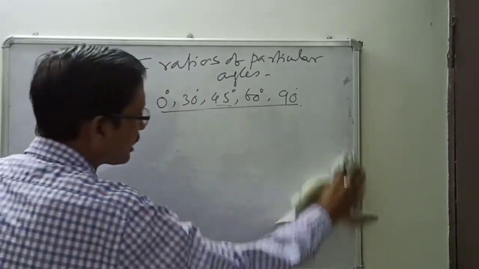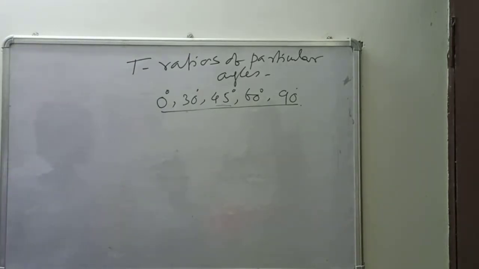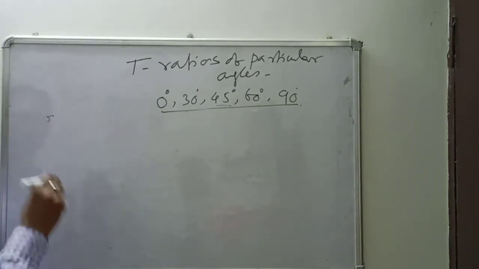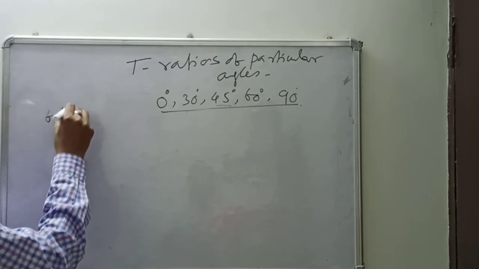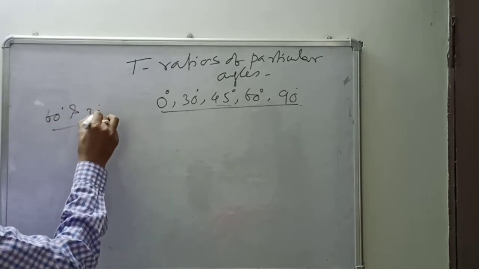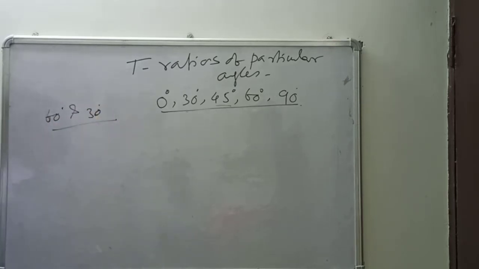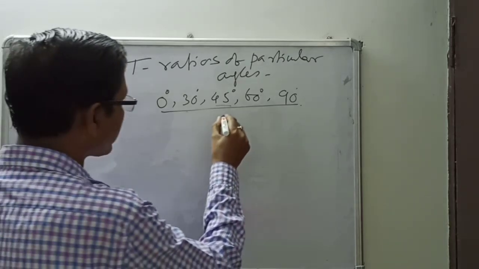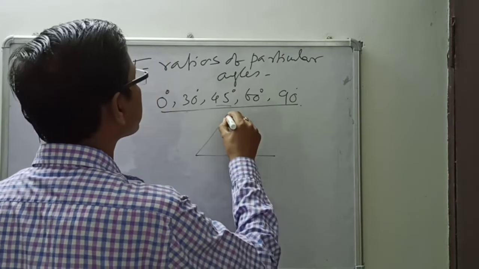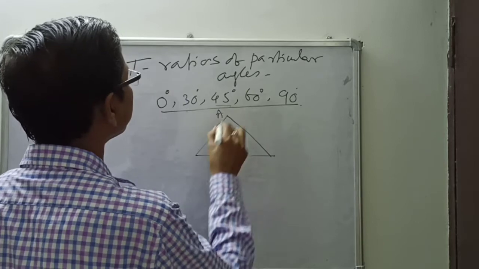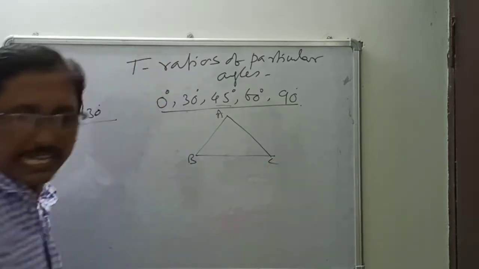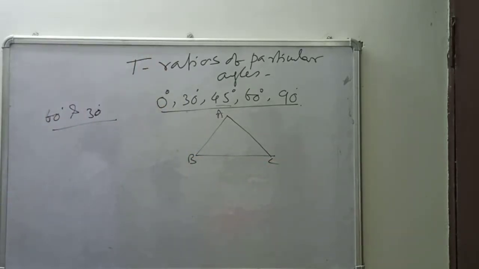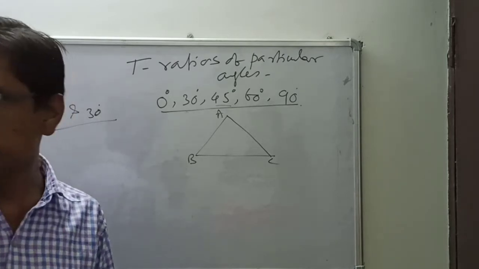First of all, we want to get 60 degree and 30 degree. So for 60 degree, in your mind I think this triangle will come, the equilateral triangle ABC, in which all three sides are equal.